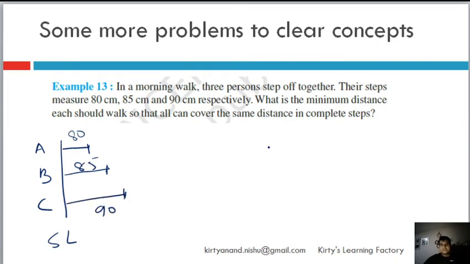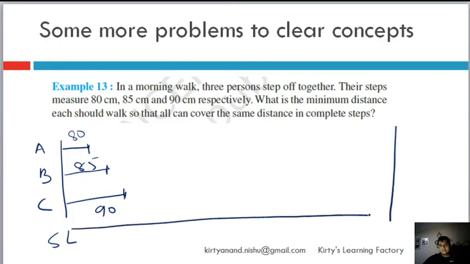What it is saying is, what is the minimum distance, let's say from here to here, this distance is x. After walking this x distance, this is the minimum distance they should all walk so that in complete number of steps they should be able to cover.